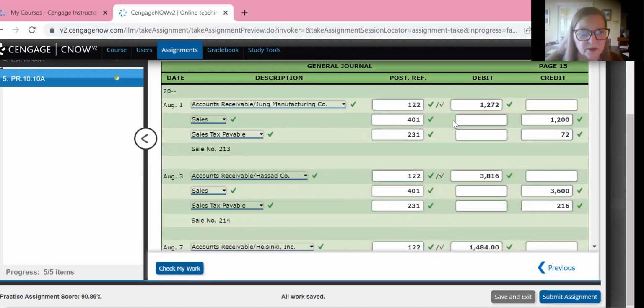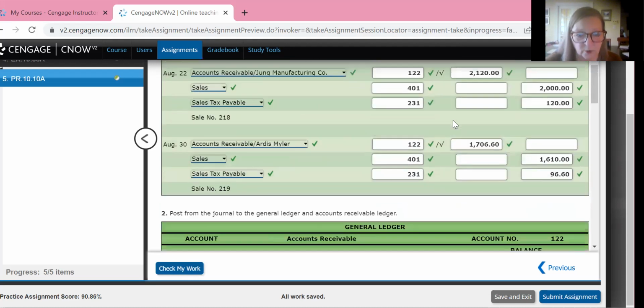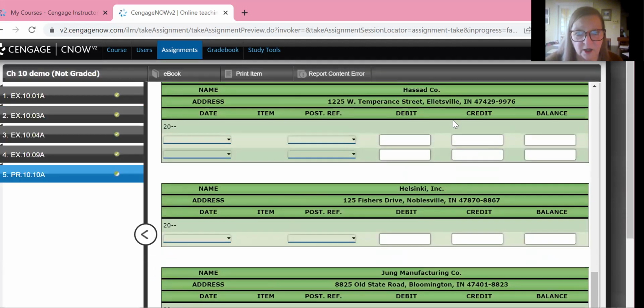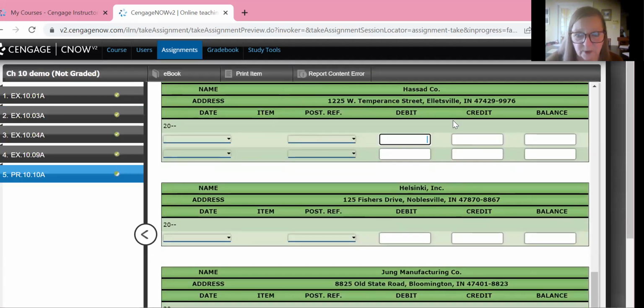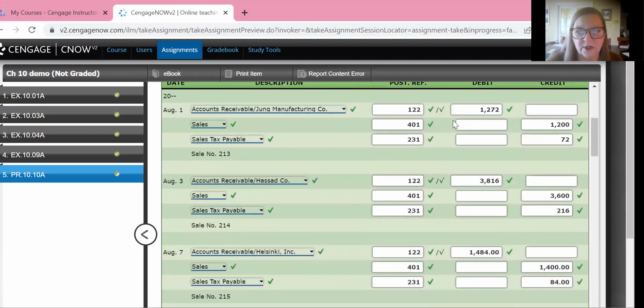Then I'm going to the next day, August 3rd. Hassad is the $38.16. I'm going back down here, find Hassad and do $38.16. That's when I tried to do it the first time. And this is August 3rd. Okay. Then the next one, I checked, I got this one.